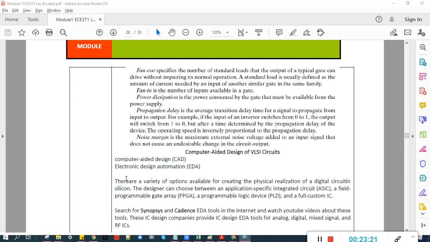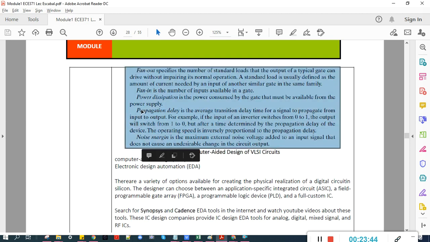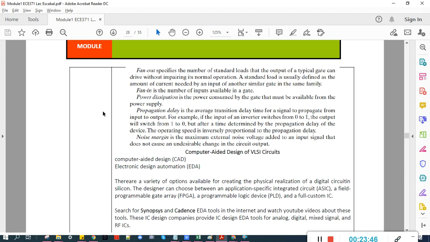Power dissipation is the power consumed by the gate that must be available from the power supply. Then propagation delay is the average transition delay time for a signal to propagate from the input to the output. This is also a very important parameter of a logic gate. We want the propagation delay to be very small.